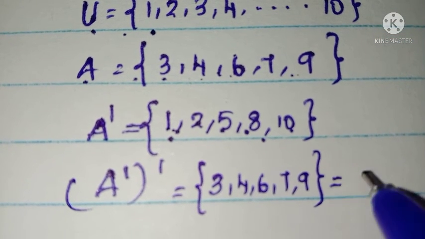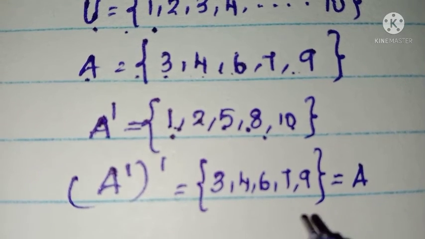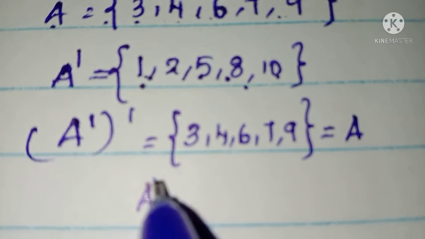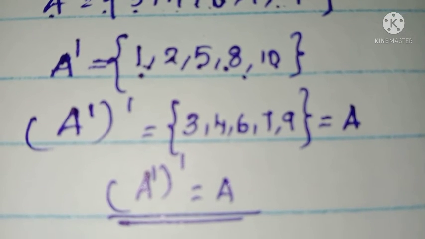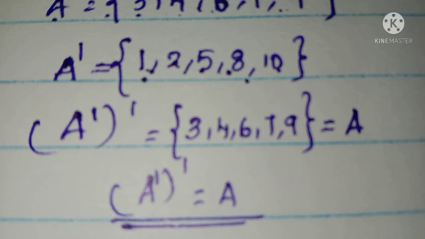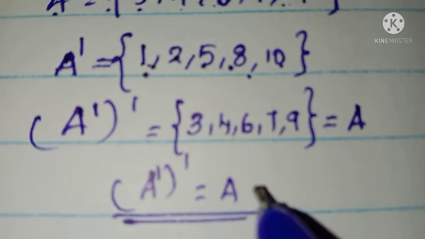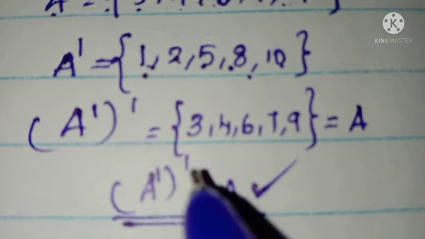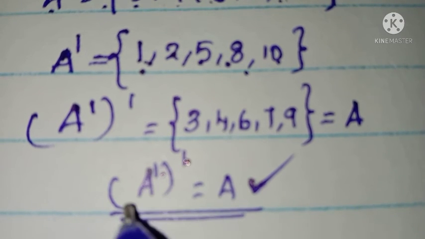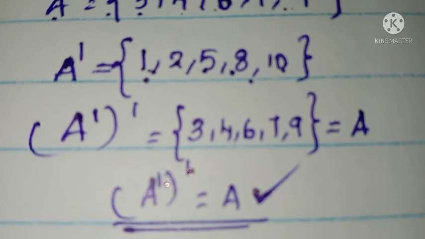So this is our given set A. That is, complement of a complement of a set is the given set itself. That is the result. This is also an important one. Okay. So learn by heart De Morgan's law as well as the result that complement of a complement of a set is the given set itself.